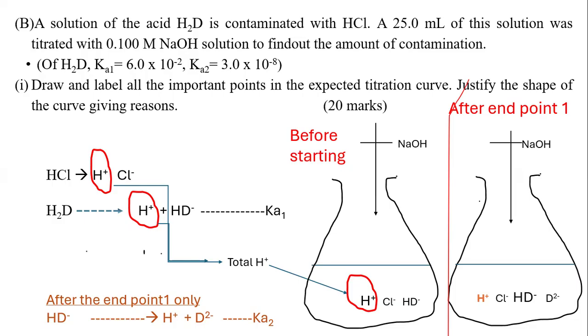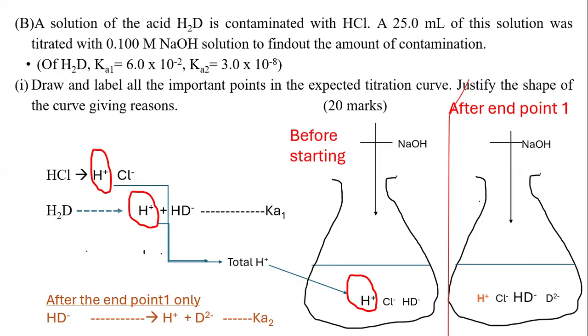That is good. Okay, so before starting the titration, what do you have? You have fully dissociated HCl, H plus Cl minus, then H2D. If a Ka value is given, you will know it is because of the partial dissociation. But depending on the value of the Ka, you can decide whether it is acting almost like a strong acid or a weak acid.